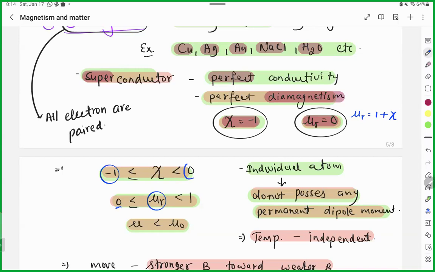Here the chi value is less than 0 and relative permeability less than 1. And this is always the case because your mu r is equal to mu by mu naught. If the overall value is negative, what will happen? Your mu naught value is more, mu value will be less. Okay. Any doubt, guys? Is it too difficult to understand?